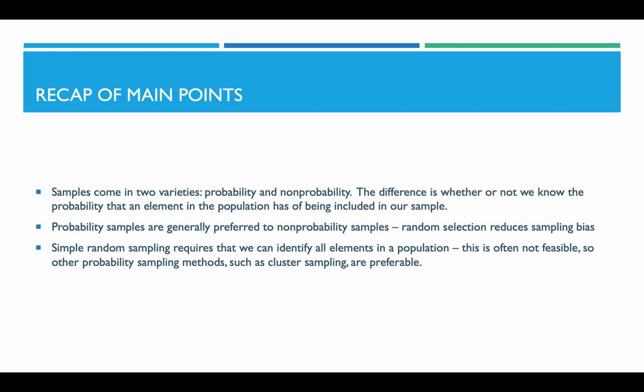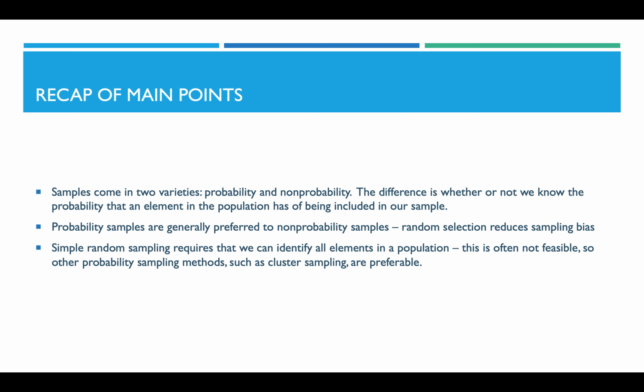Okay, to recap our main points from this lesson, we've said that samples come in one of two varieties, either probability or non-probability samples, and that the difference is whether or not we know the probability that an element in the population has of being included in our sample. We said that probability samples are generally preferred to non-probability samples, and the reason for this is that random selection reduces sampling bias.